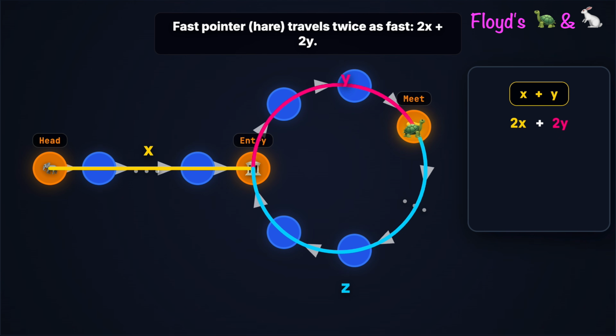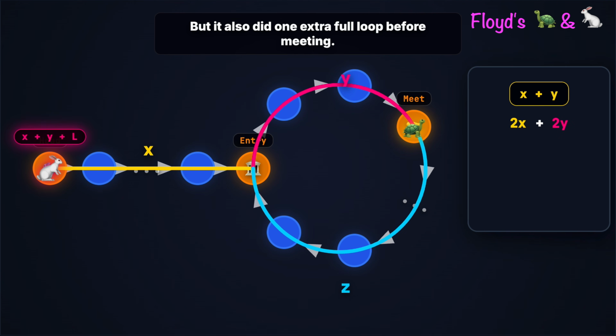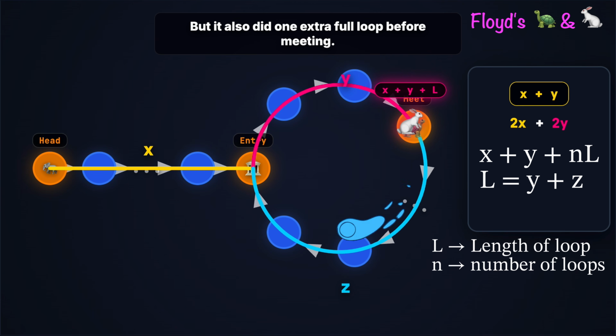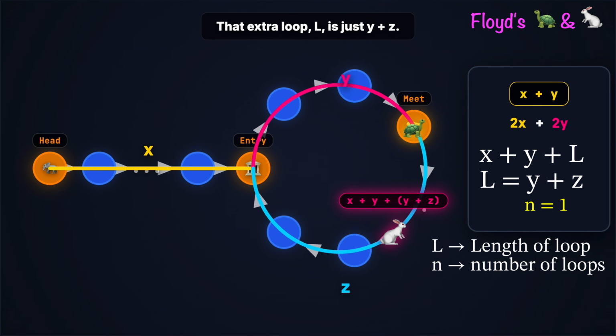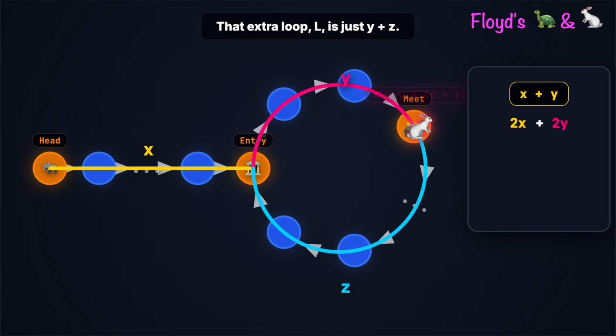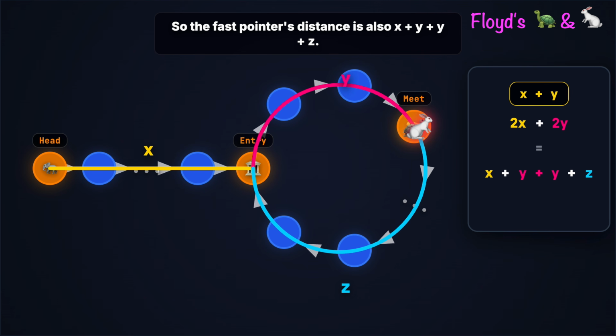But we also know the fast pointer traveled the distance x plus the distance y plus some number of full loops before meeting the slow pointer. If we assume it just did one extra loop for simplicity, its distance is x plus y plus z plus y.